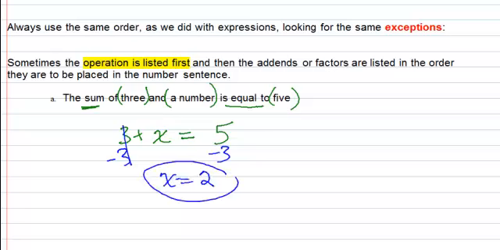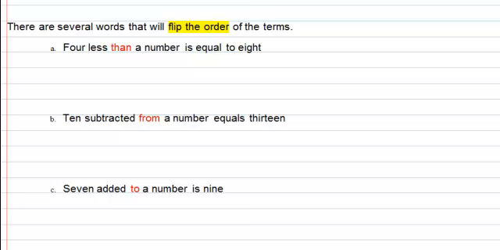And then, of course, we have the ones that flip the order, and we're looking for the "than," the "from," and the "to." So again, for "4 less than a number." So remember, we're looking to simplify the expression on each side of the equal sign.